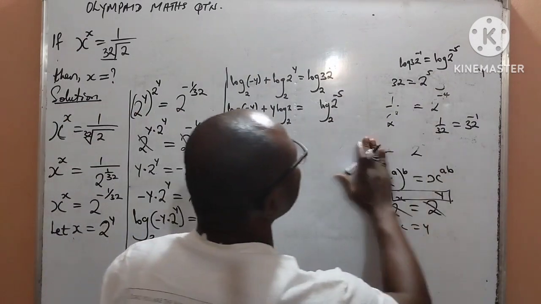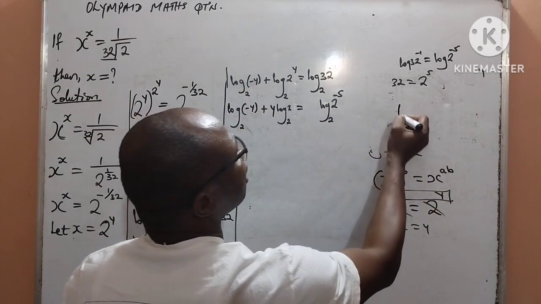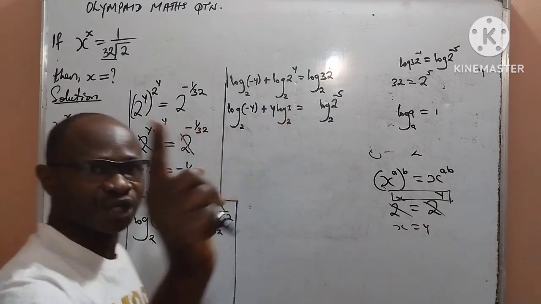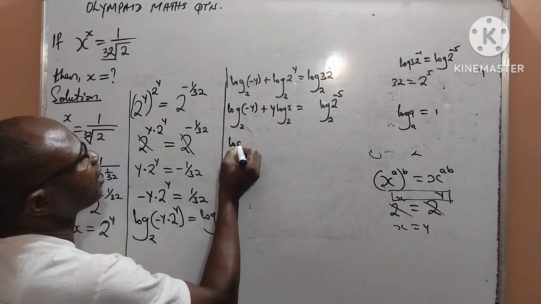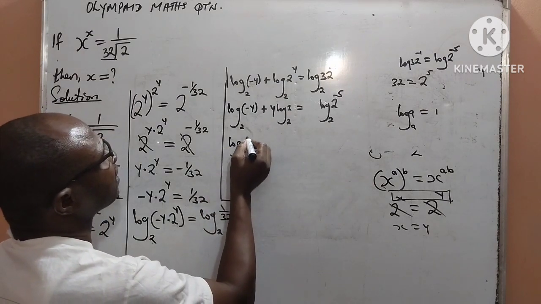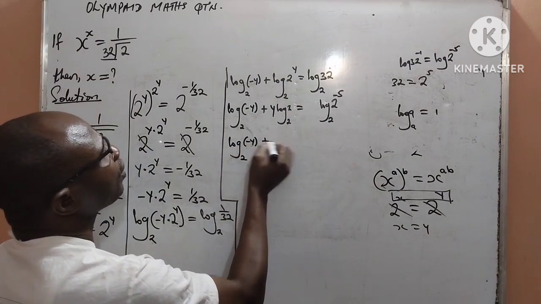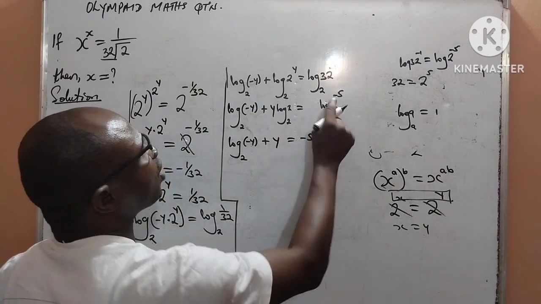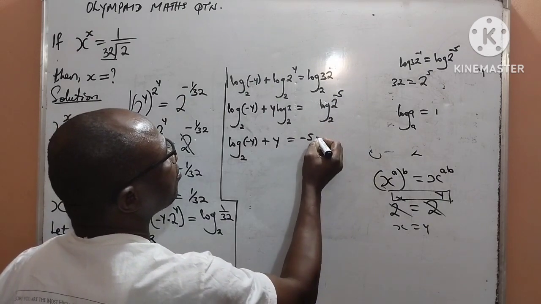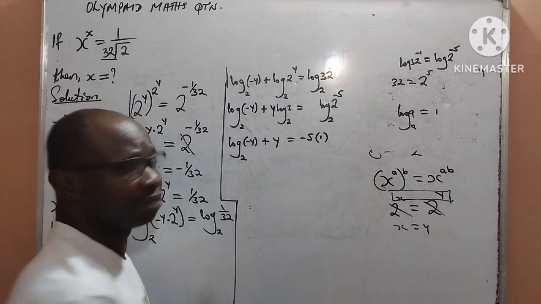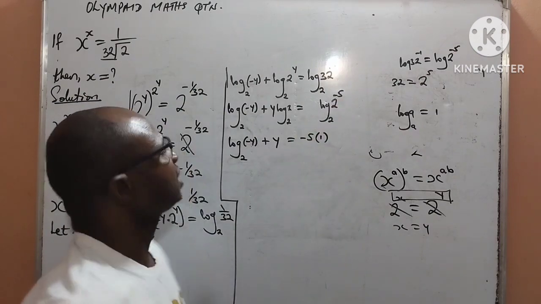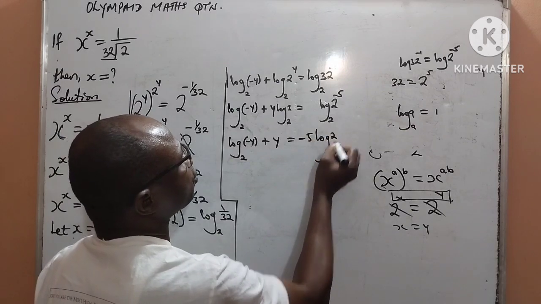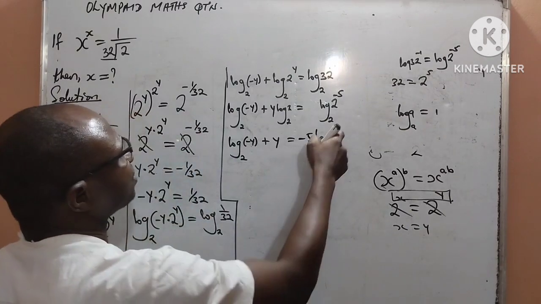But also, see with me that the log of a to base a is equal to 1. So logarithm of 2 base 2 is equal to 1. I can now write the log of negative y base 2 plus y is equal to minus 5 multiplied by the logarithm of 2 base 2, and the logarithm of 2 base 2, we said it is equal to 1.